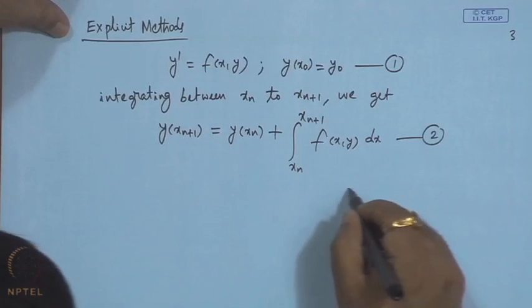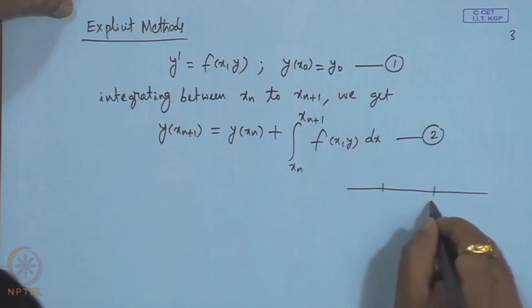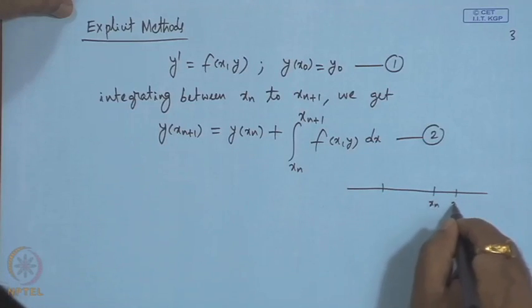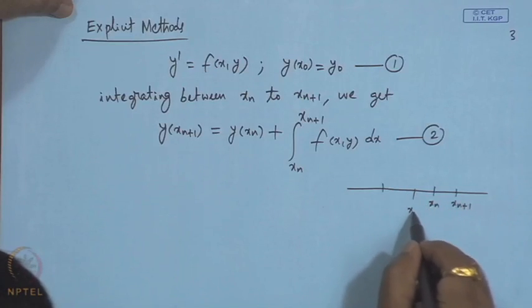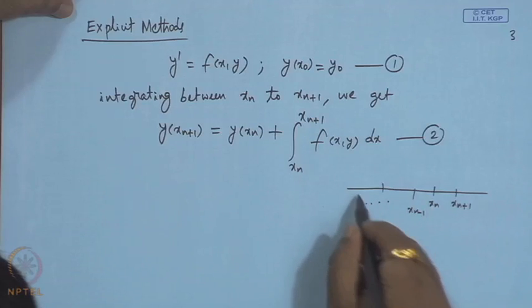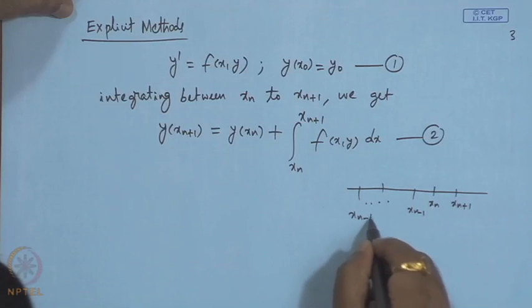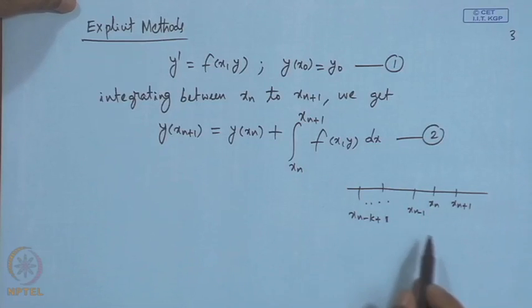The method is, suppose this is x n, x n minus 1, up to x n minus k plus 1.